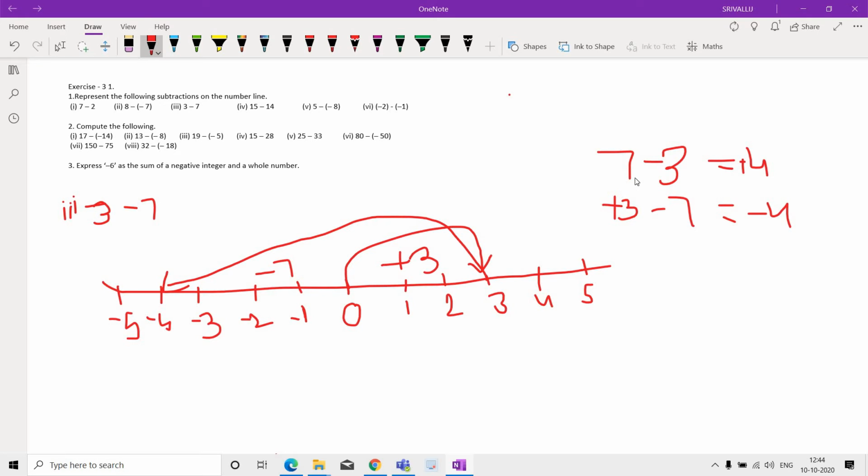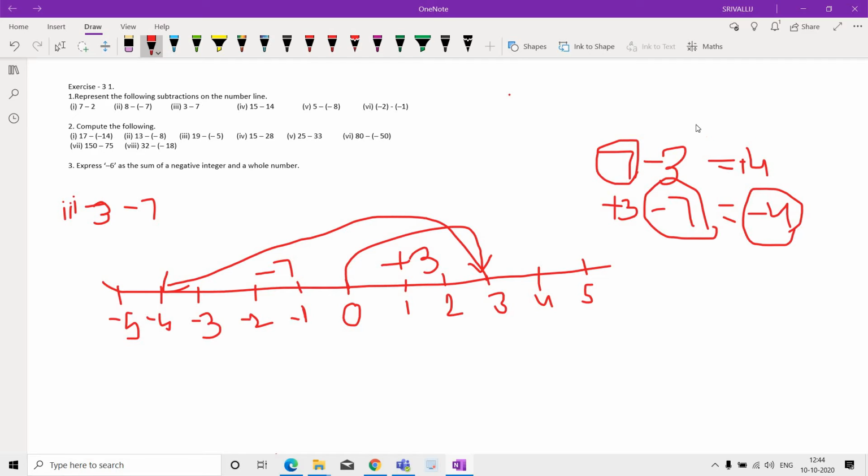See here, when the big number is positive, the answer is also positive. When the big number has a negative symbol, the answer also has a negative symbol.